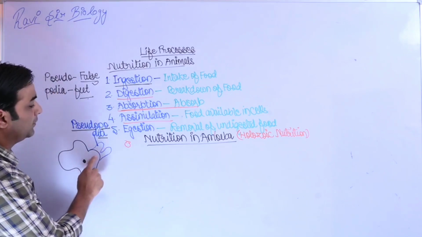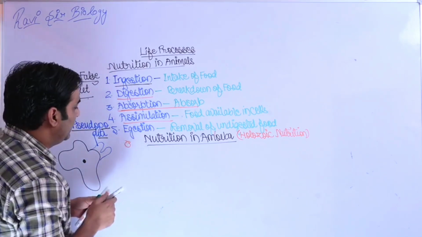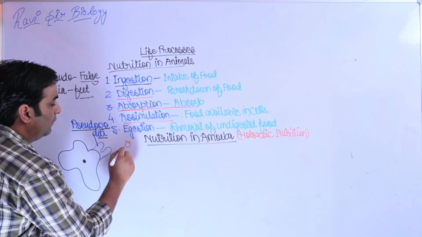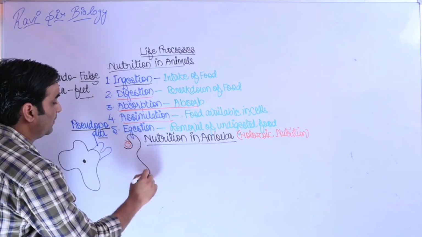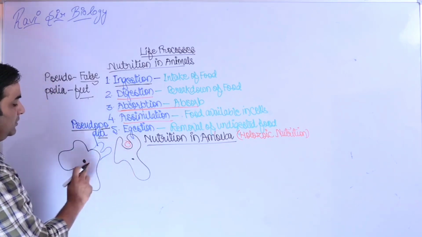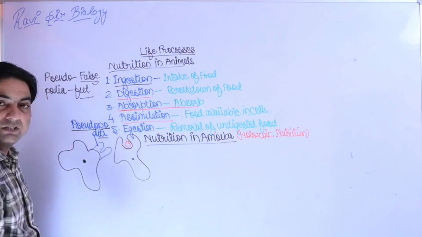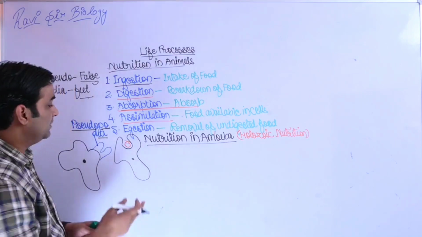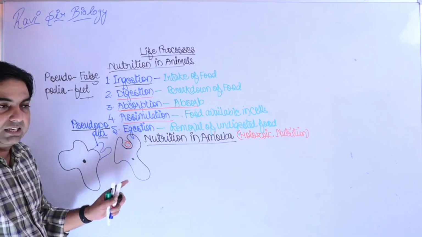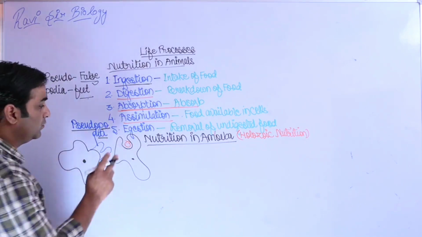So pseudopodia will be produced towards the food, and this animal, amoeba, will cover the organism properly, as it can change its shape according to the need. It has been changed here now, from here to here. Some shape changes will be found here, and it is now covered with the organism. Still it is not taken in. So what will happen?